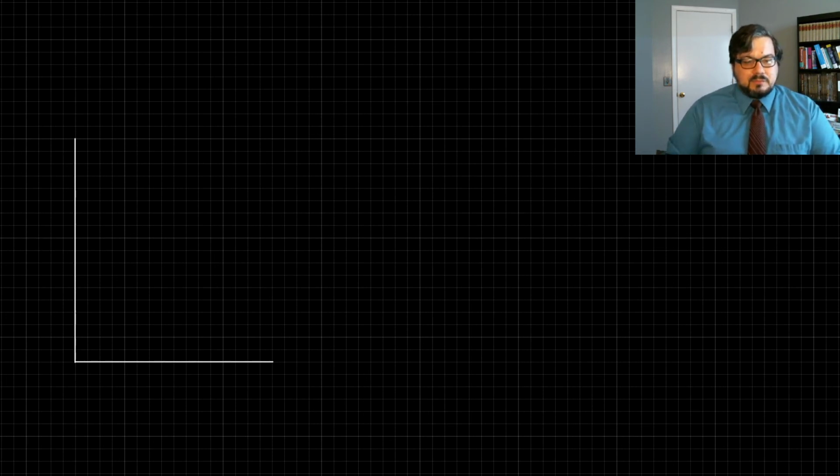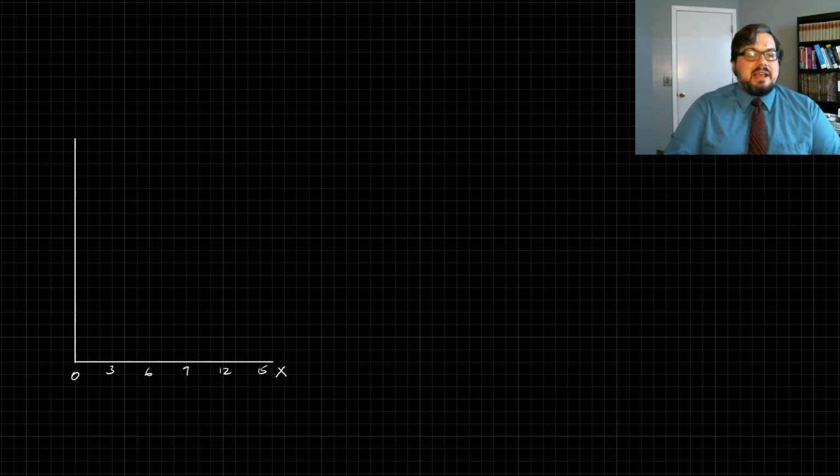So for this graph, I'm only going to use quadrant 1 of the plane because the only numbers I'm looking at are positive. So x is the number of hours since 8 a.m.: 0, 1, 2, 3, 4, 5, 6, 7, 8, 9, 10, 11, 12, 13, 14, 15.